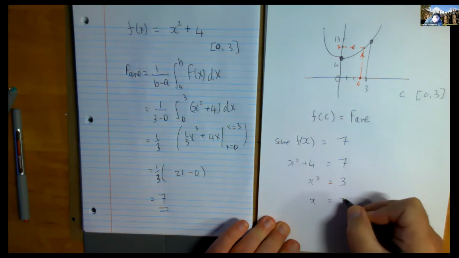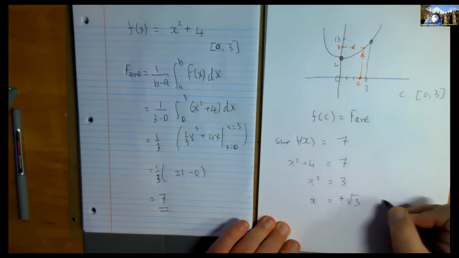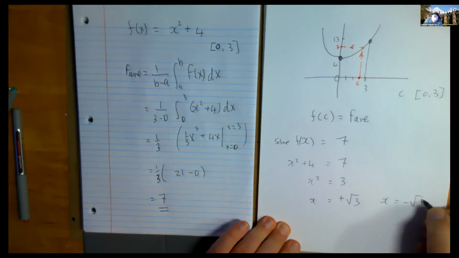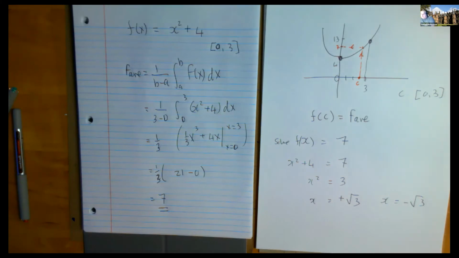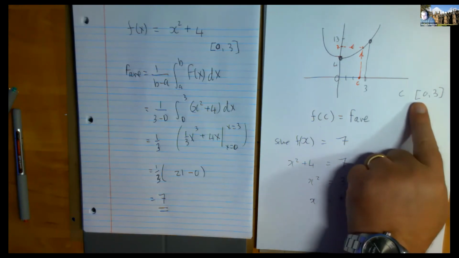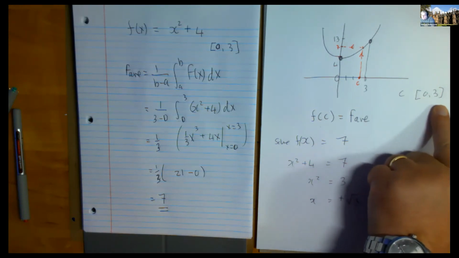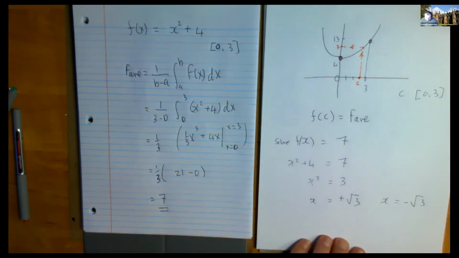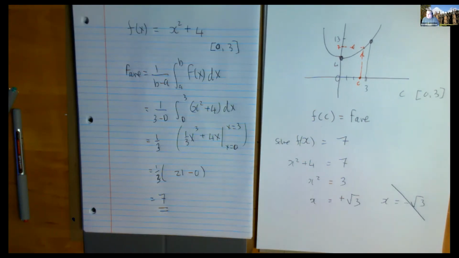Now, technically speaking, there are 2 answers that might work. And sometimes there are 2 answers, right? Sometimes the curve goes up and back down, so there are 2 places. But in this particular case, only one of these 2 is actually a usable solution. Would you agree? And the key is that we're only going to be looking from 0 to 3. So can you see that that one gets killed off?